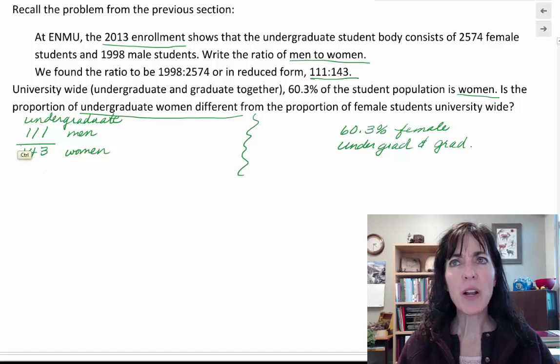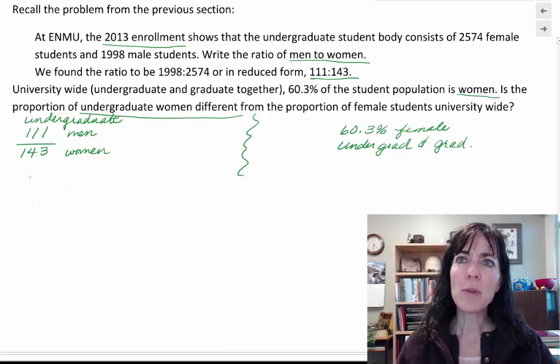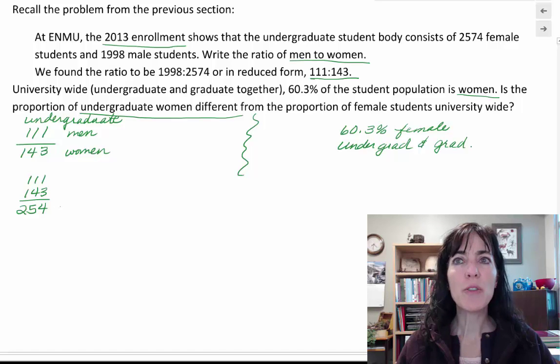So I can't really compare 111 to 143 to the 60.3, and even if I divided it, 111 divided by 143 is not going to give me the percent of women in the undergraduate population. But if I add those two, 111 and 143, together, I'll get 254 students total.